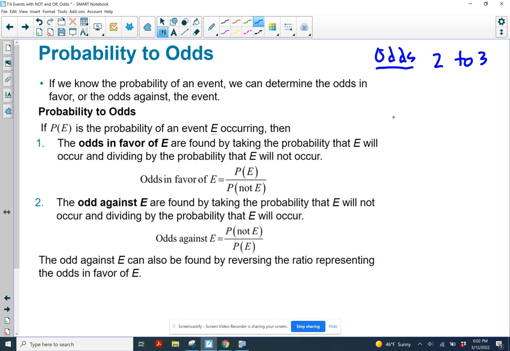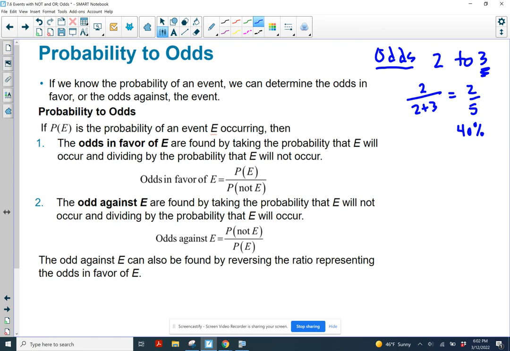Well, I like to think of it this way. If those two teams were going to play 5 times, my team would win 2 out of the 5. The other team would win 3 out of the 5. So the probability would be 2 out of 2 plus 3, or 2/5, which is 0.4, which would be 40%. So my team has a 40% chance of winning is what we're saying.